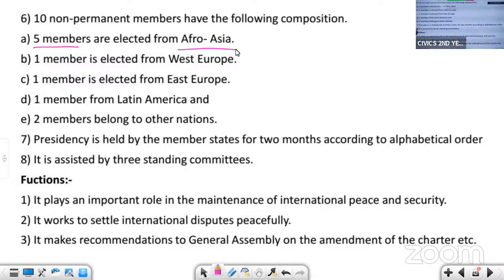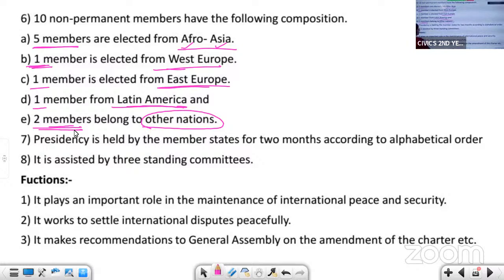Then 1 member is from West Europe, 1 member from East Europe, 1 member from Latin America, and 2 members belong to other nations. See how these 10 members are elected and how they are representing.